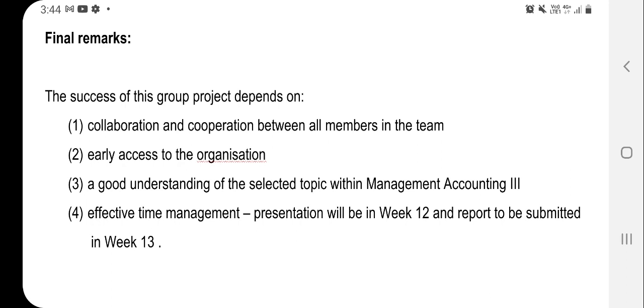You cannot delay. And then number 3, a good understanding of the selected topic. So make sure you understand the topic that you have selected. And then effective time management. So make sure you are prepared for the presentation in week 12 and the writing report to be submitted in week 13.